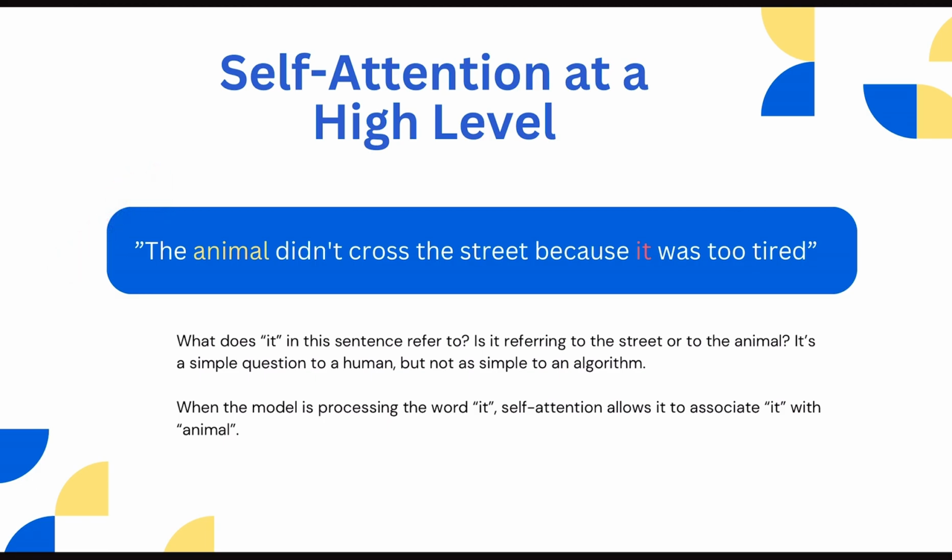The contextual understanding comes from this breakdown of the sentence. If you look at this sentence here, the animal didn't cross the street because it was too tired. The question is, how does "it" refer? In the self-attention process, when the model processes the word "it", self-attention allows the model to determine that "it" refers to the word "animal".